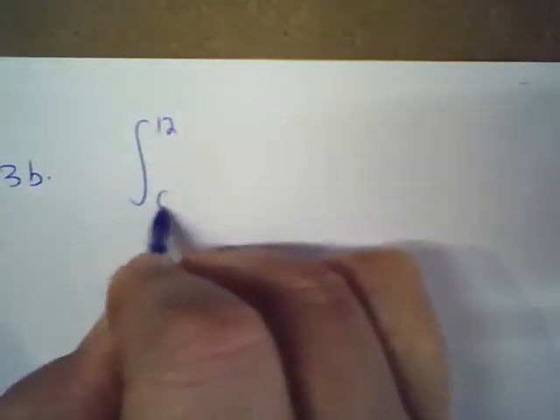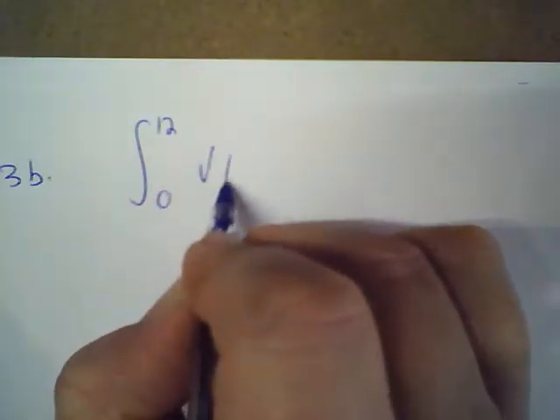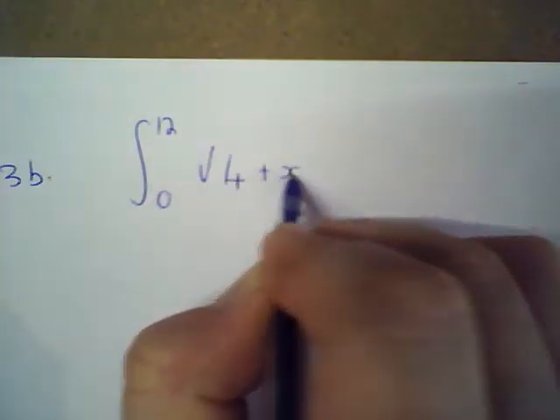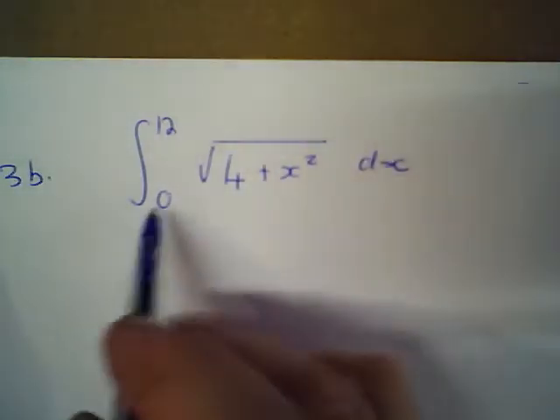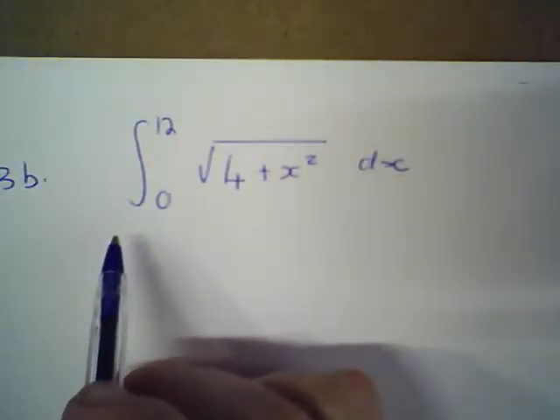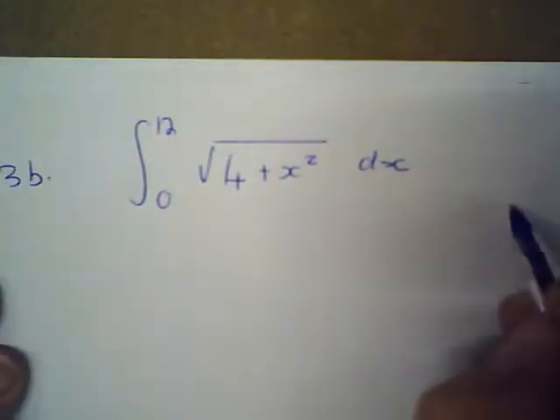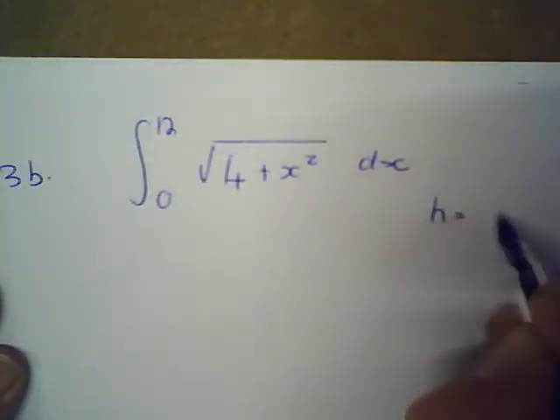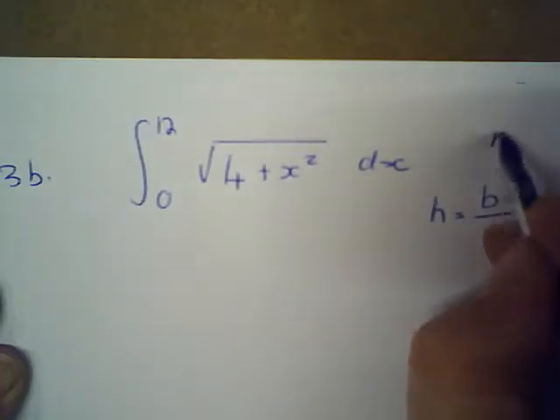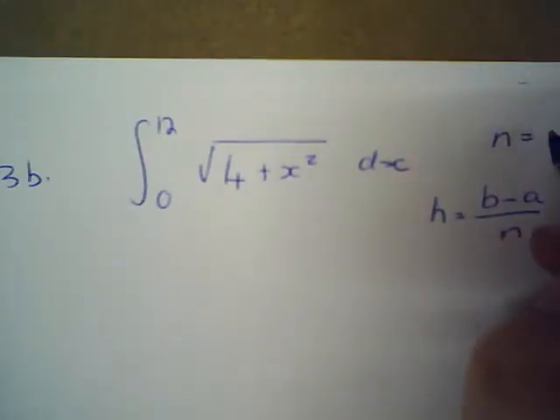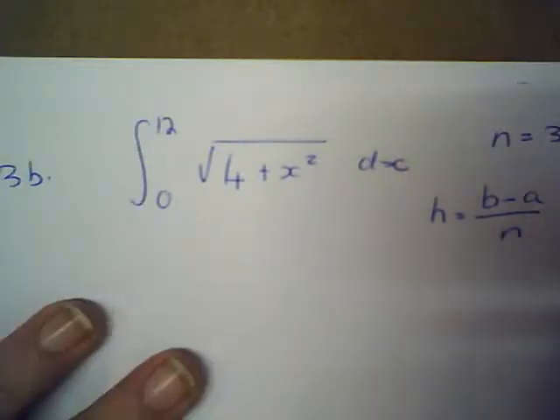Integral 12, 0, square root of 4 plus x squared dx. So we want to find the trapezium rule, so we know that h equals b minus a over n, and n is the number of intervals, which needs to be 3. N equals 3.